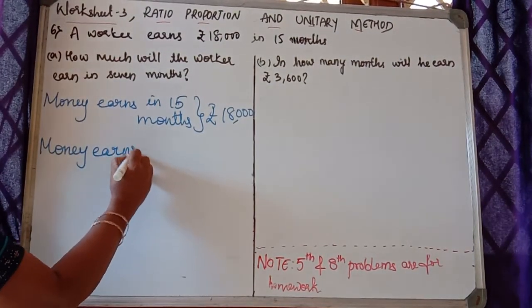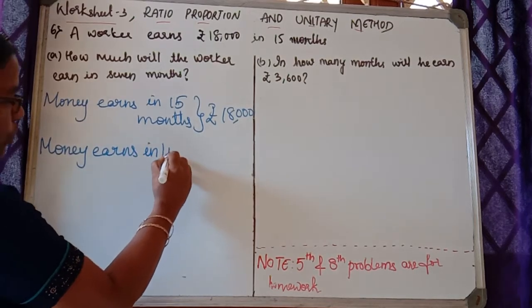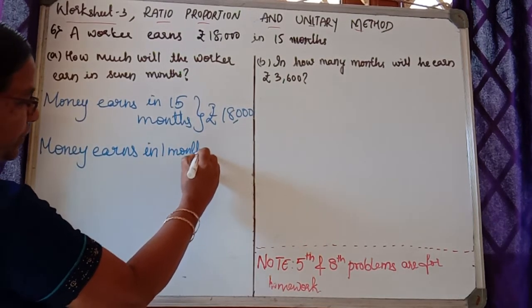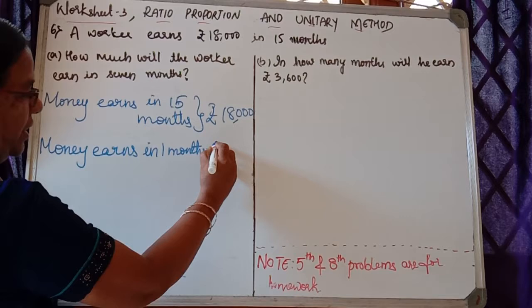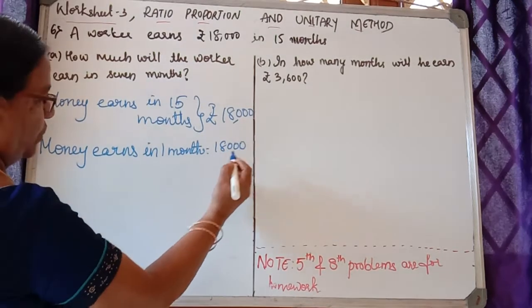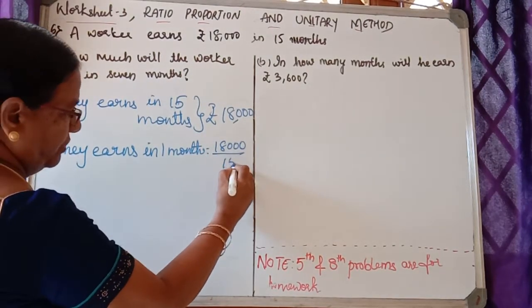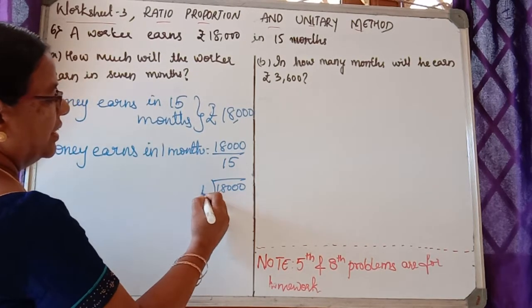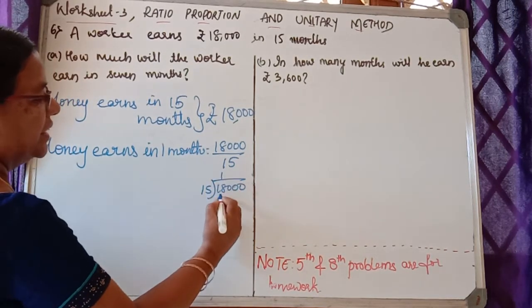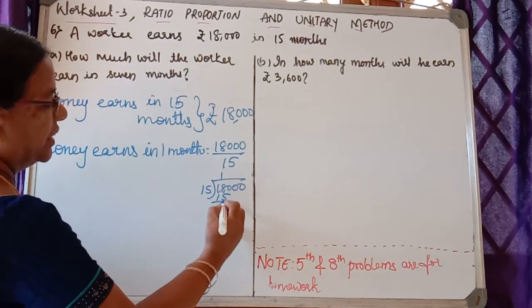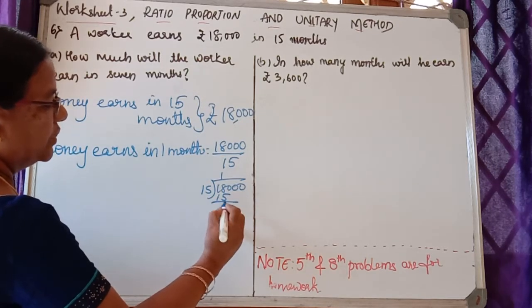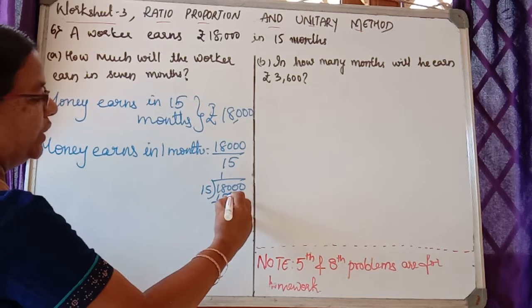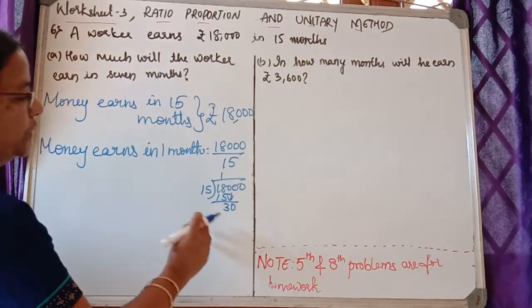Money earned in 1 month. What we have to do? We have to divide 18,000 by 15. In 18, how many 15s are there? Only 1, 15. Now 8 minus 5 is equal to 3. 1 minus 1, 0. Now you bring the 0. 30.